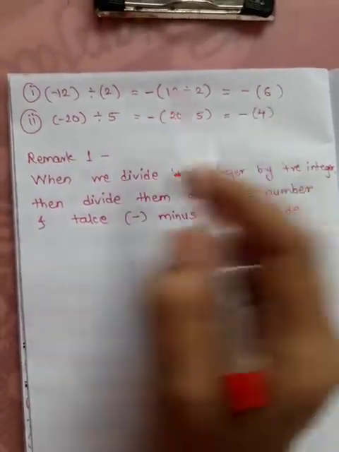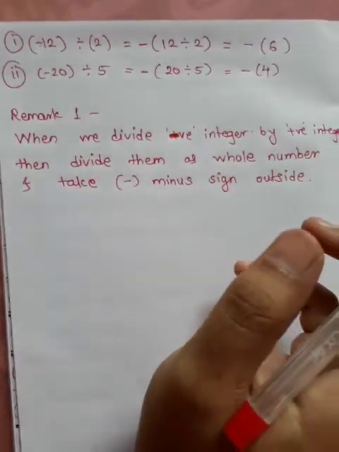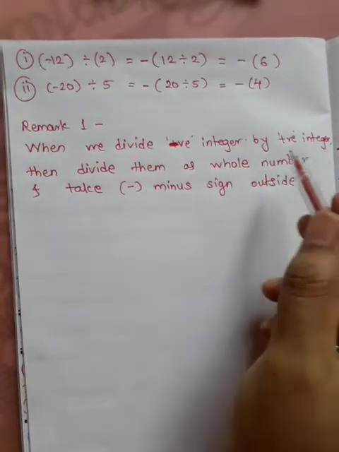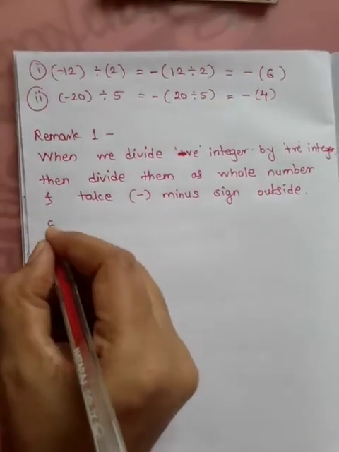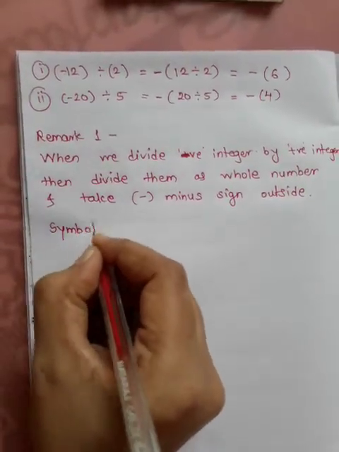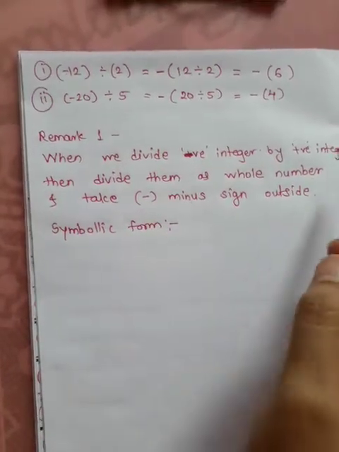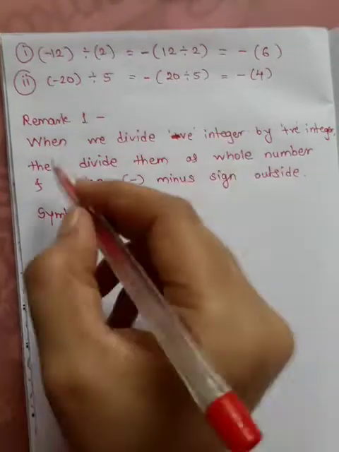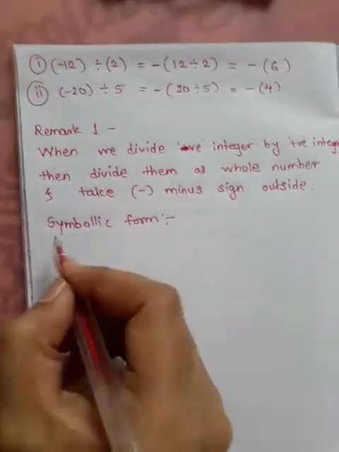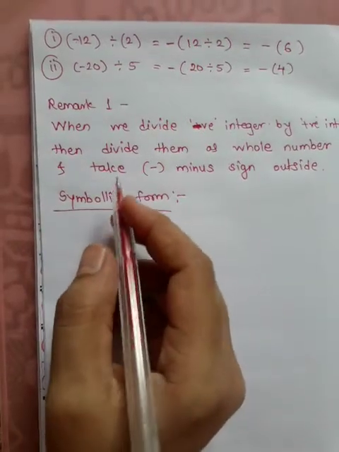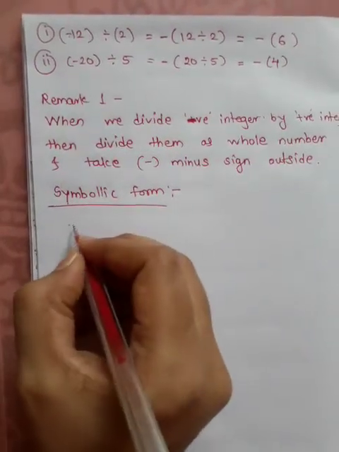So we get the division of two integers. This remark we can write in symbolic form. You don't have to remember the statement, you just have to remember the symbolic form.